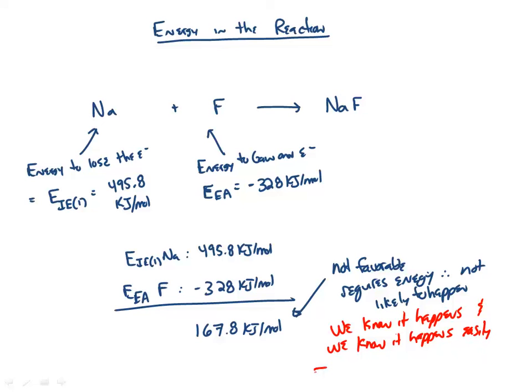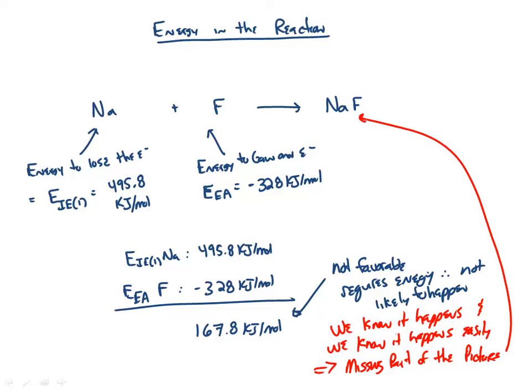So the idea is that there's a missing part of the picture. That missing part is that we have to look at the energy from forming the ionic lattice.